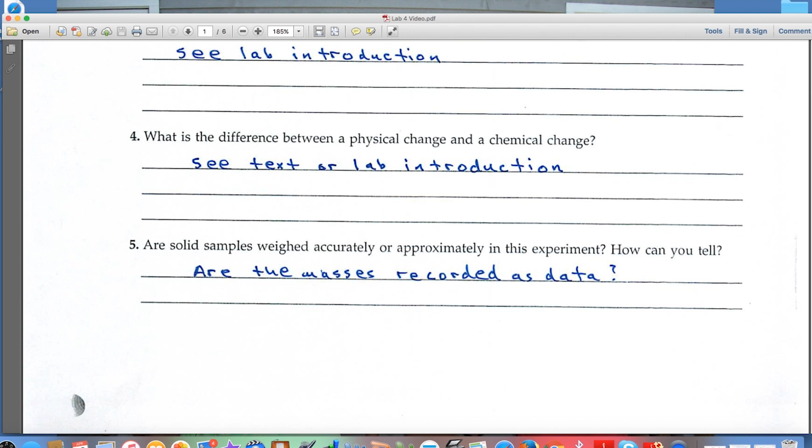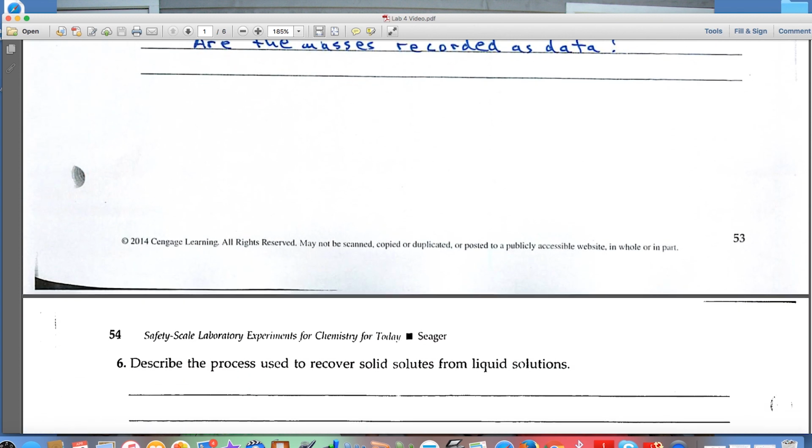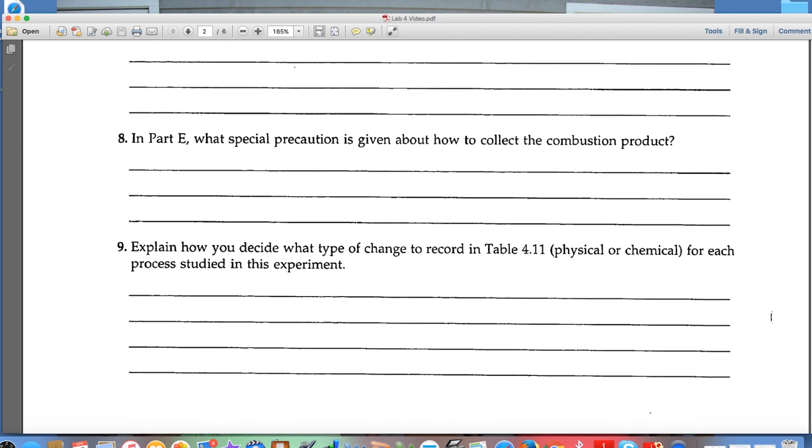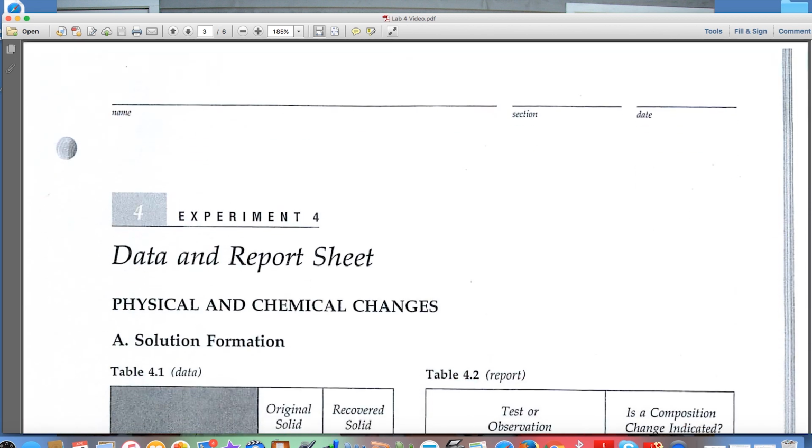If they're not recorded, then you're just weighing approximately. So see if they're weighed accurately or approximately. 6, 7, 8, and 9, I don't think you'll have any problem with those, and they're pretty descriptive. Let's look at the data and report pages.